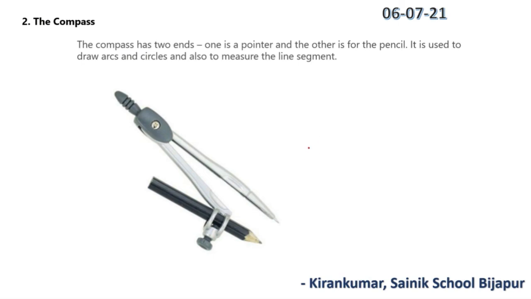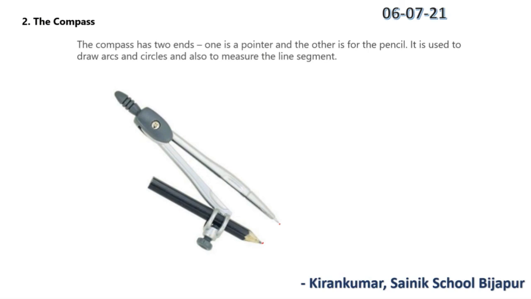A very important thing I must tell you is to adjust the edge of the pencil with the tip of the needle, and also the length of the pencil should not exceed the length of the compass, because it becomes difficult to draw a complete circle without lifting the hand.